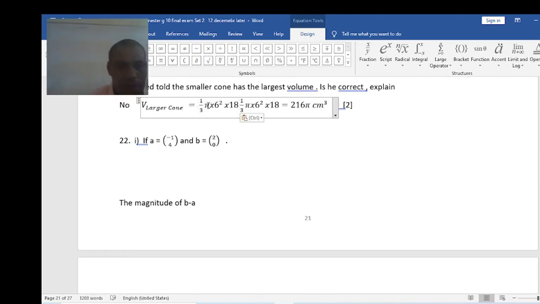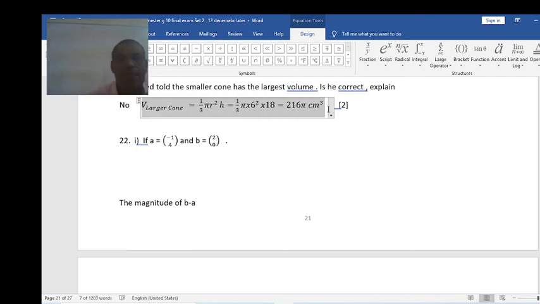So this is pi r squared multiplied by height h, then I will erase this one, equal, yes, like that. Yes, now we move to the next one.